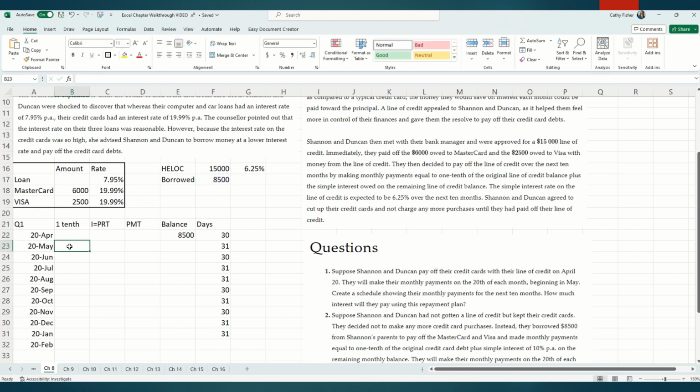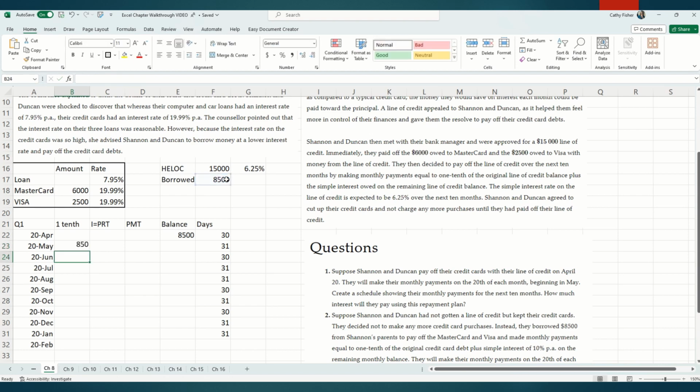And we're going to start in May. And we're going to figure out what 1/10 is. That's going to equal the amount we borrowed, which I'm going to F4, because it's absolute cell referencing, times 1/10, so 0.1.